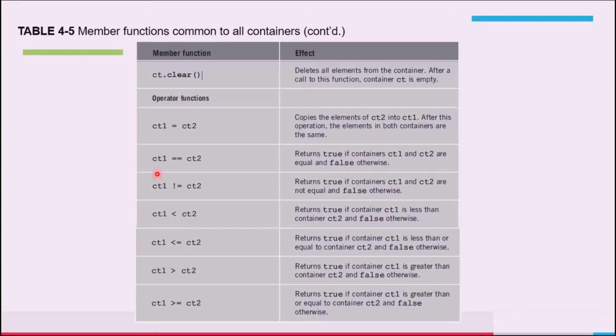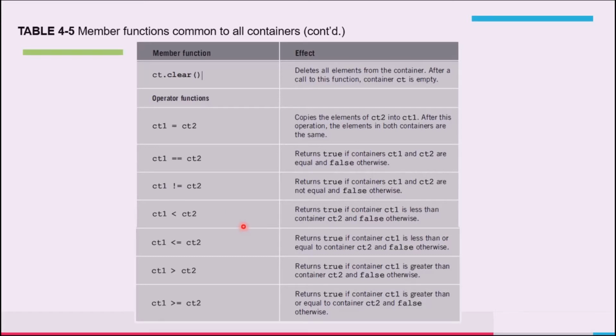You could also have city1 == city2. It returns true if containers city1 and city2 are equal. So you are doing comparison here. And of course, false otherwise. Now, city1 != city2 returns true if the containers city1 and city2 are not equal and false otherwise.